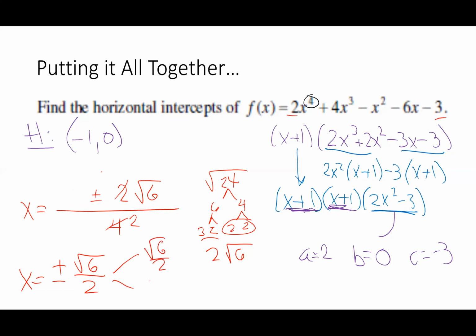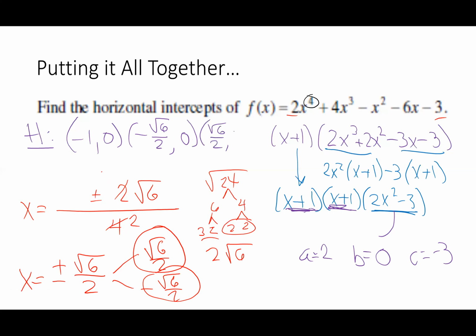Now I'll tell you, the rational zero theorem never would have given us these because these are irrational numbers. So the rational zero theorem, the only thing it's going to really help me to do is find those nice zeros. And then from there, I can use quadratic formula to break down the difference. And now we've done it.